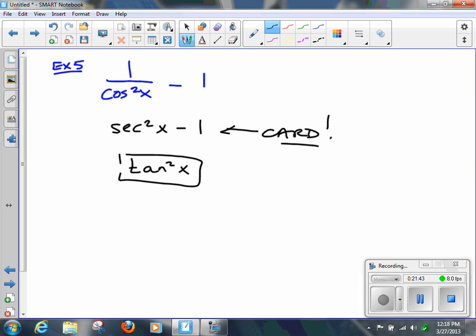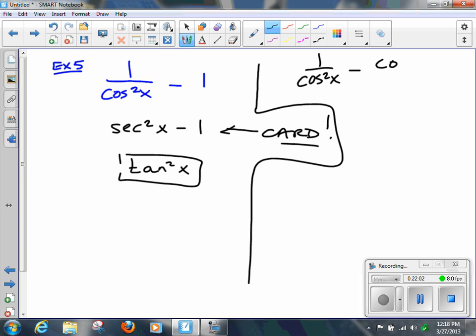Did you have secant squared x? Cosine squared x. All right, let's go that way. So you did this, because what is 1 over cosine? Secant.